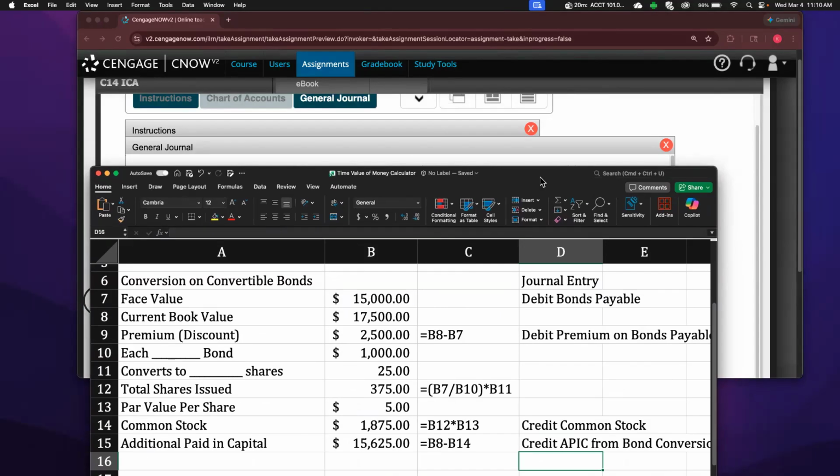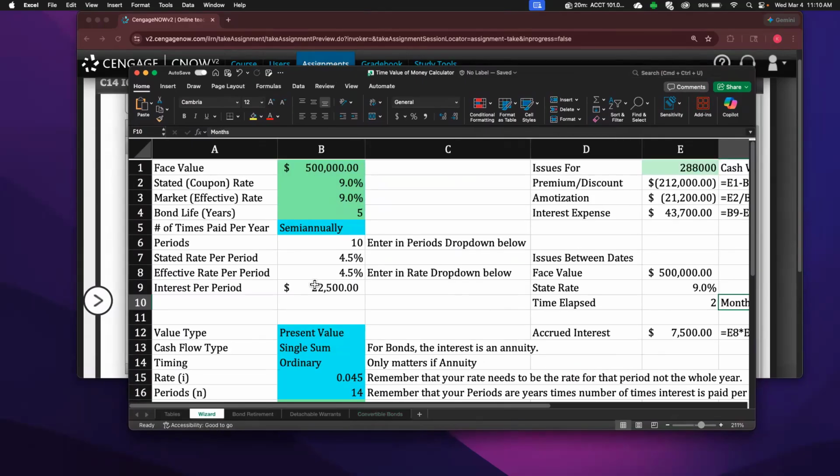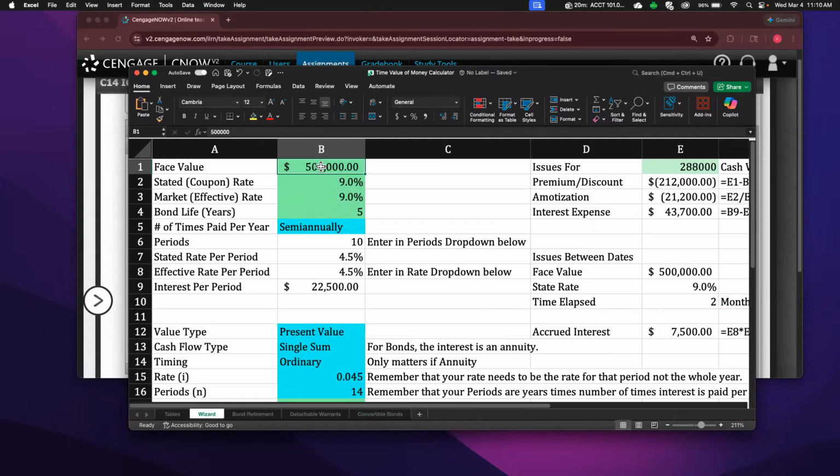So let's get some information. I'm going to try to do this on our wizard tab. Okay. We have a face value of $200,000. We have a term of 5 years, a market rate of 8%. We're going to change both of those to 8.